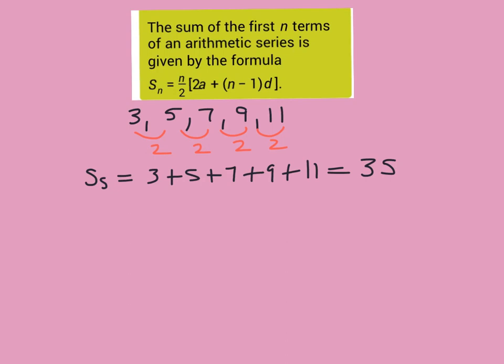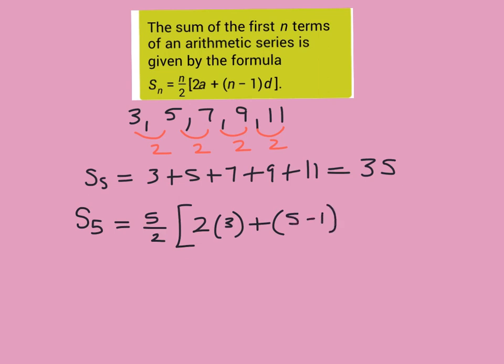So let's use the formula to find S5. Our n is going to be 5, it's just substitution. Open up my bracket, 2a, my first term is 3, plus n minus 1, so 5 minus 1, and then my d is 2.